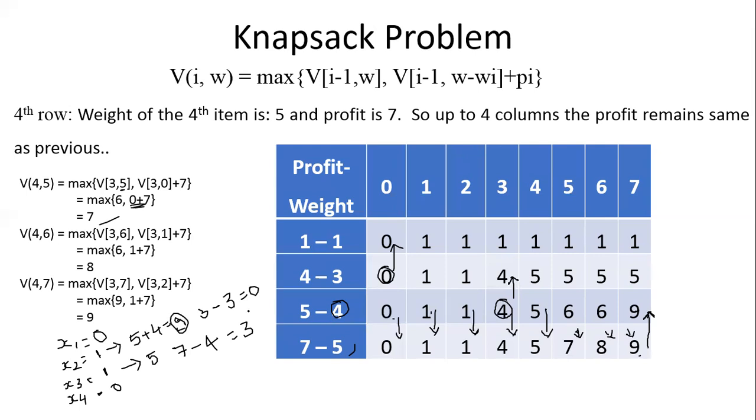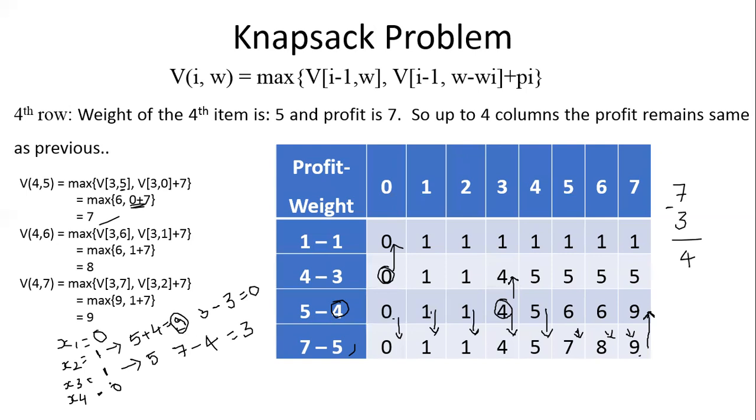And once again check whether the bag capacity is sufficient to place these two items or not. Total bag capacity here is 7. Here we are going to place x2 completely. So x2 weight is 3, that's why bag capacity remains 4.